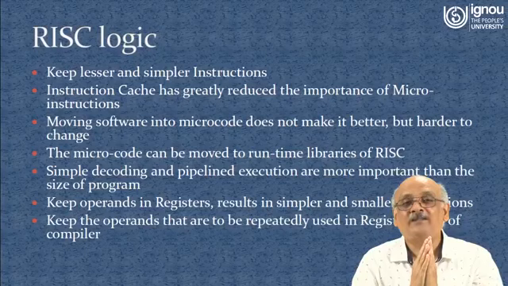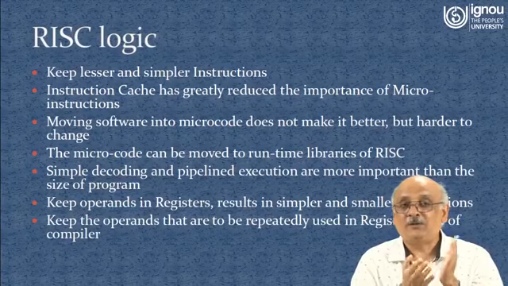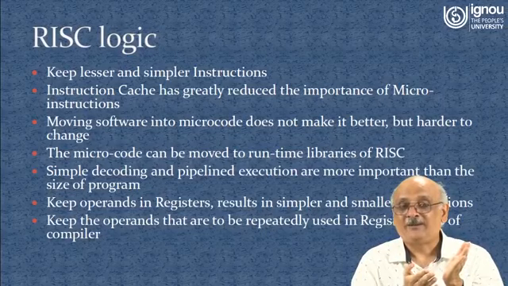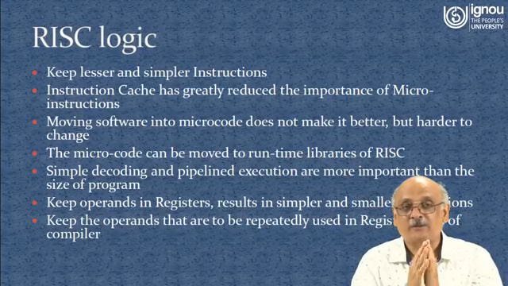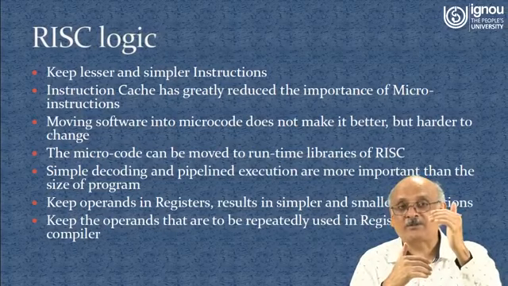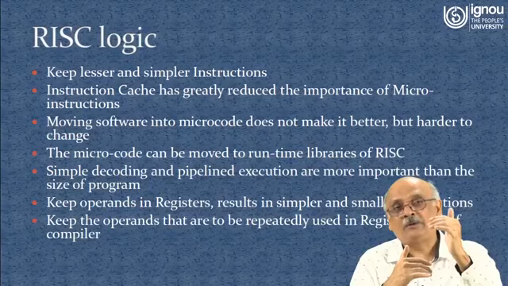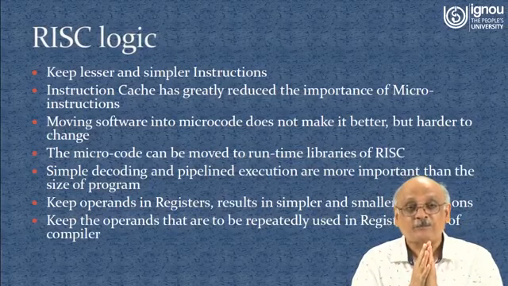Instruction cache has greatly reduced the importance of microinstructions. So we have cache memory, right? So probably we do not require big microinstructions or big microprograms. That means we don't require a large number of instructions within the processor.